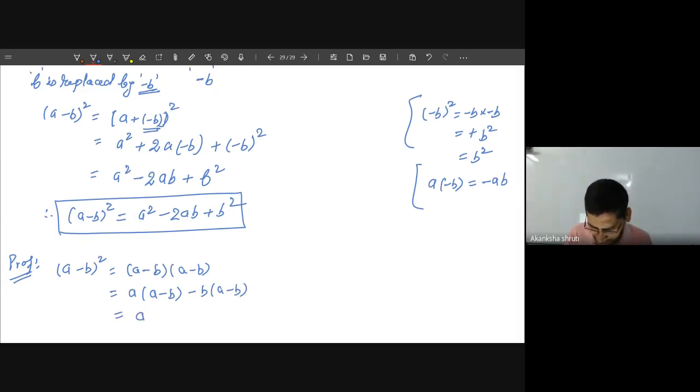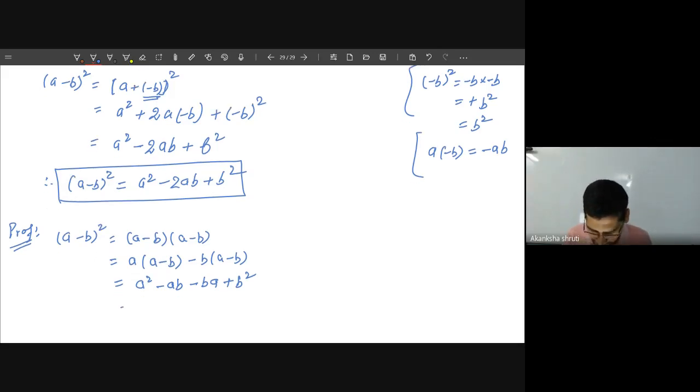It becomes a square, a into minus b is minus ab, then here it becomes minus b into a, so minus ba, minus b into minus b plus b square. Again you will get the same thing, a square minus 2ab plus b square.